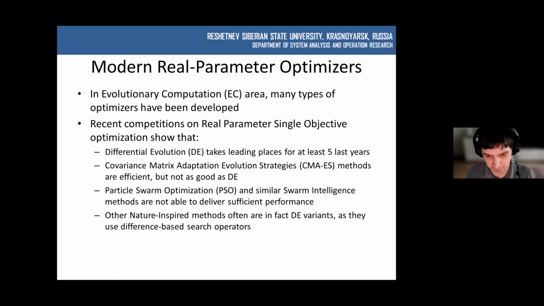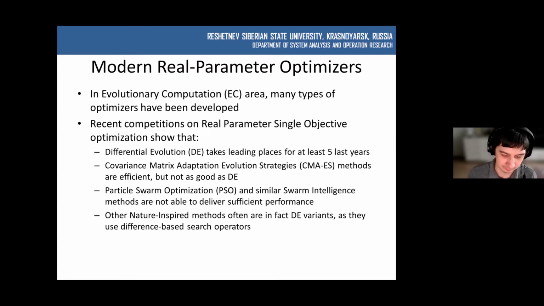Of course, it depends on the problems that should be solved. But at least in this setup of competitions, they are usually not very good.